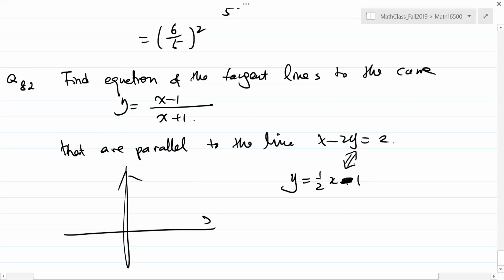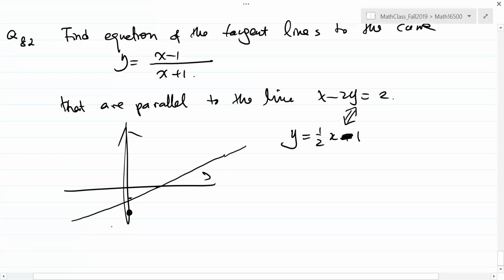All right, so the line has a slope of 1/2. This is a given line, and when x equals 0, it's also passing through. Okay, this is a graph. The graph is somewhere here. I cannot sketch a graph like that, right?